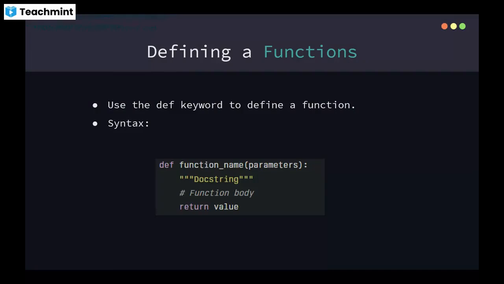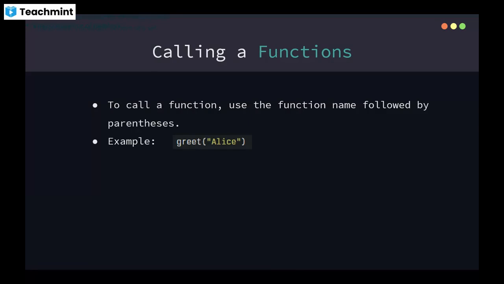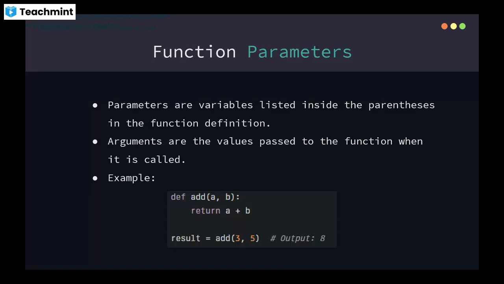Defining functions: just now we have seen that we use the def keyword to define a function, and the syntax is def, space, function name, then parameters, which we will see, and then the body of your function. For calling a function, you simply call that function using the function name and parentheses. Function parameters are variables listed inside the parentheses in the function definition.